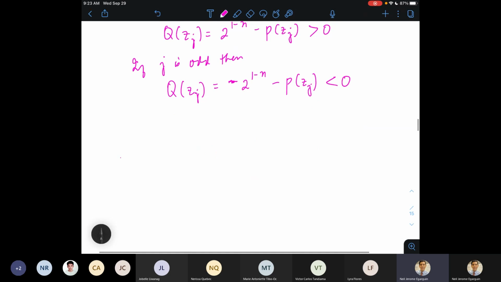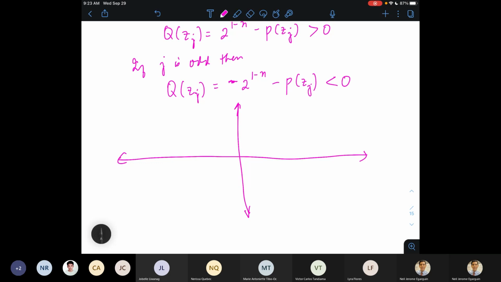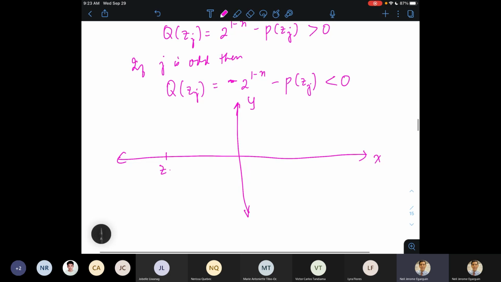So if we try to sketch the graph of Q, okay, it possibly looks like this with respect to the ζ_j. Suppose this is ζ_1. Since j is odd here, the value of Q should be negative, so it might be somewhere here. For ζ_2, j is even, so Q should be positive.